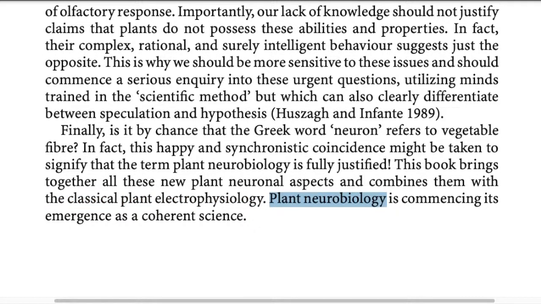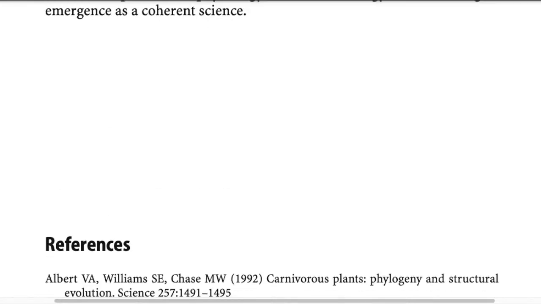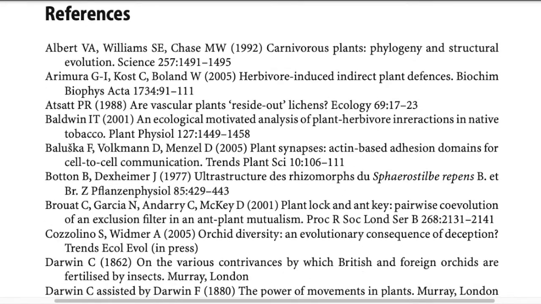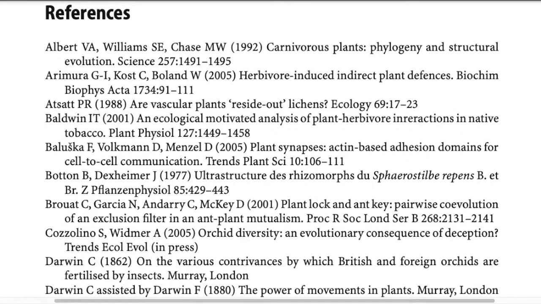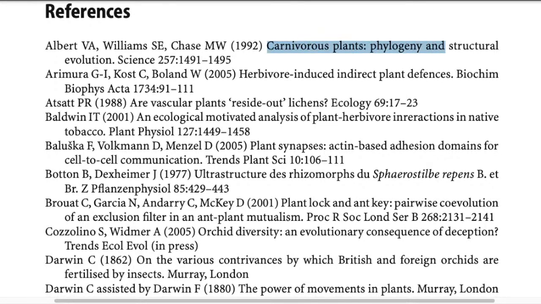Plant neurobiology is commencing its emergence as a coherent science. And at that, we have our references here that we were just reading. As you can see here, there's carnivorous plants, phylogeny, and structural evolution.